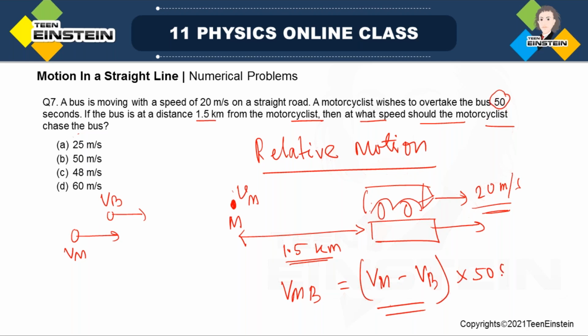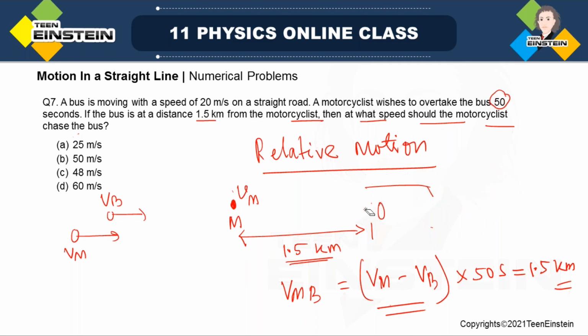If you multiply with 50 seconds, then this has to be equal to 1.5 kilometer. Then only it will be able to overtake.